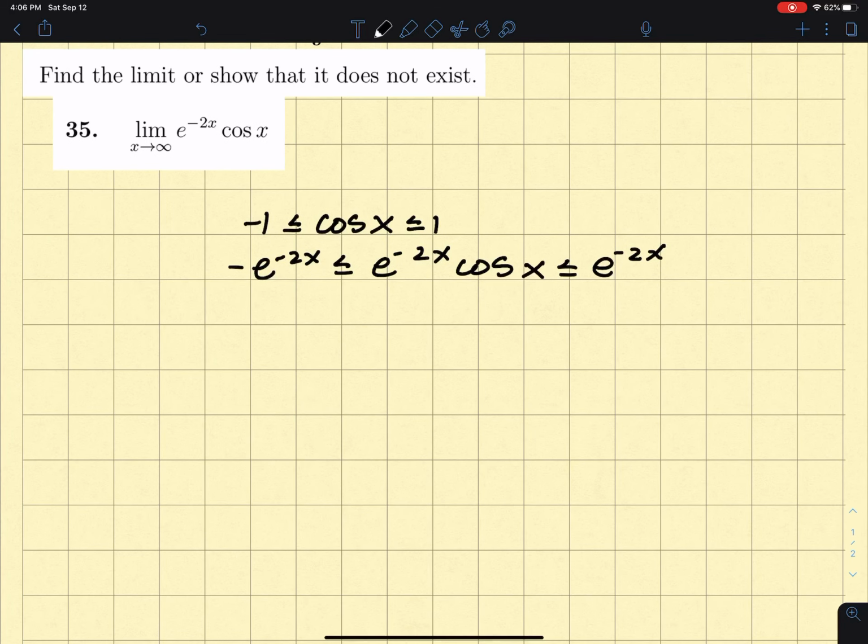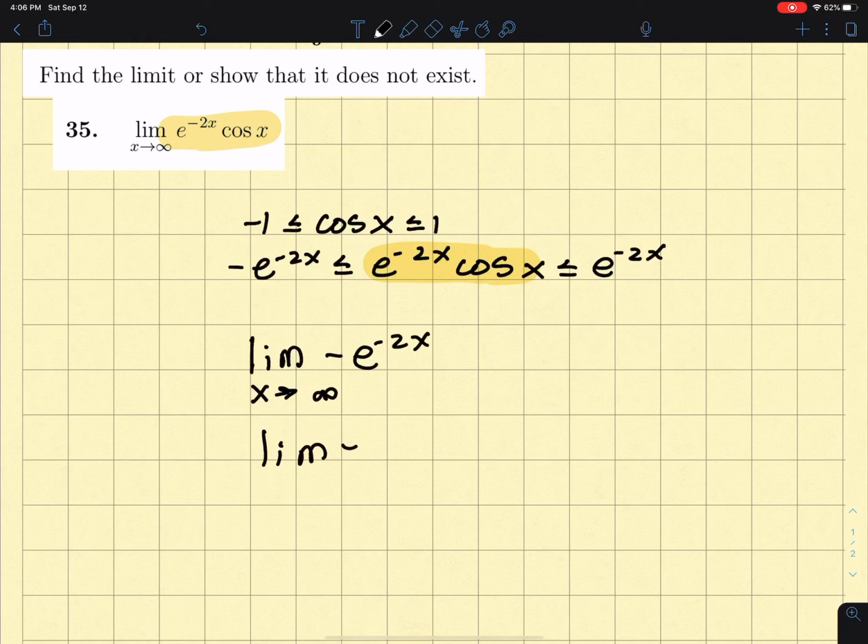And so the function that we're concerned with is right in between, and we're going to use the sandwich theorem or the squeeze theorem, and we go ahead and find the limit of these guys here, e to the negative 2x and negative e to the negative 2x. So this hopefully will come sort of quick to us, what those limits are.